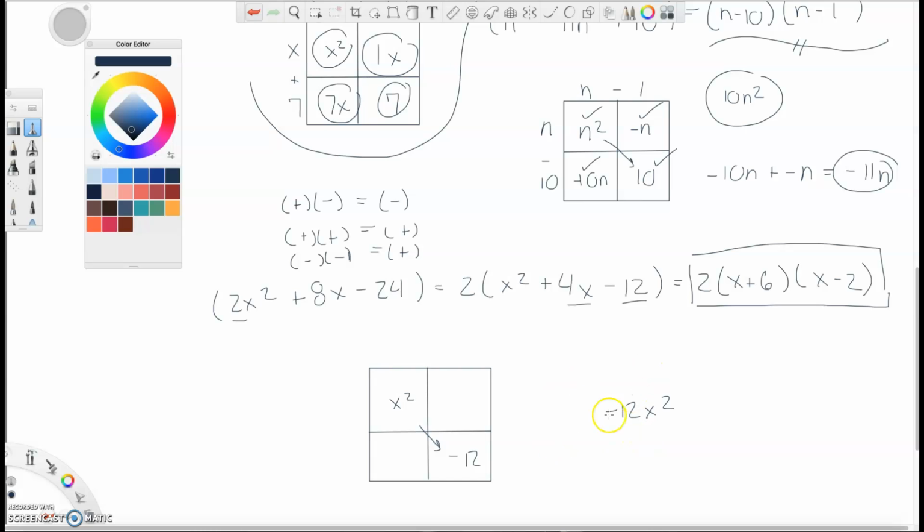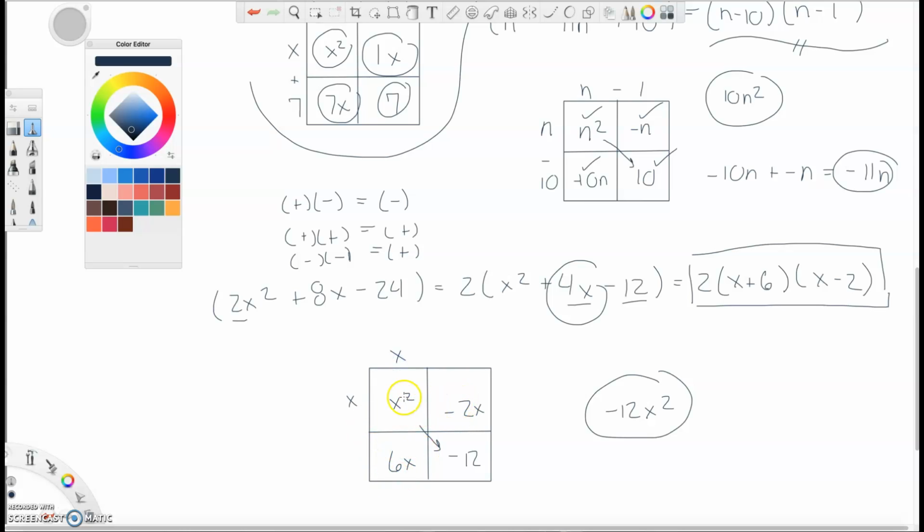From our previous discussion, those two numbers have to be a 6x and a negative 2x, because 6x times negative 2x gives me negative 12x squared, and 6x minus 2x gives me 4x, which is what we wanted up here. When we write out our factors, we have x over here and x over here.